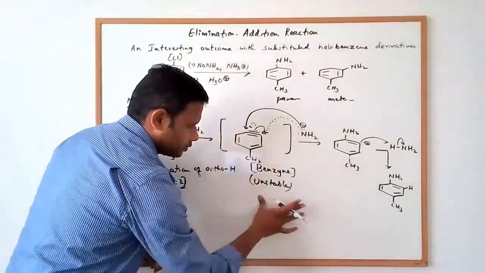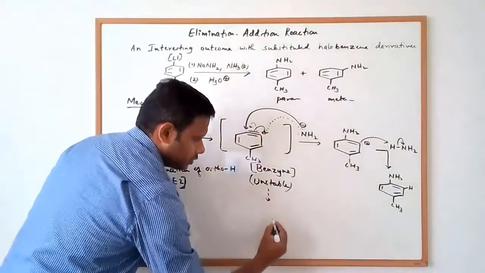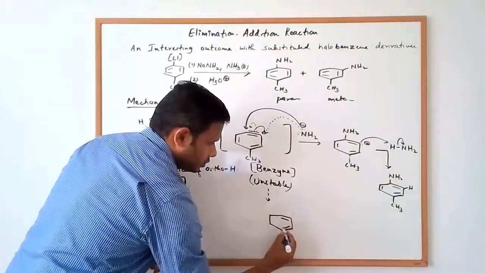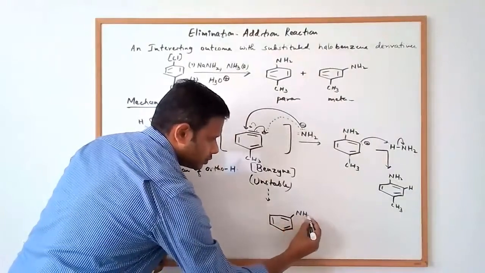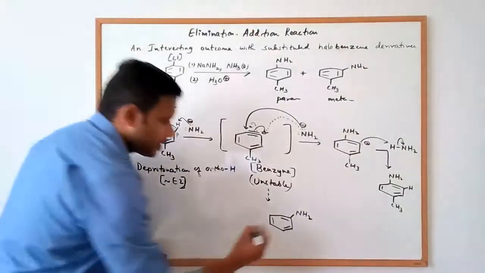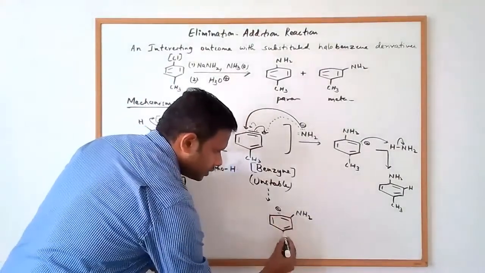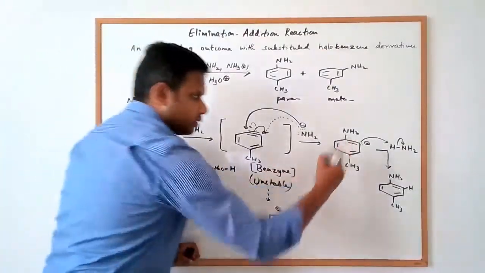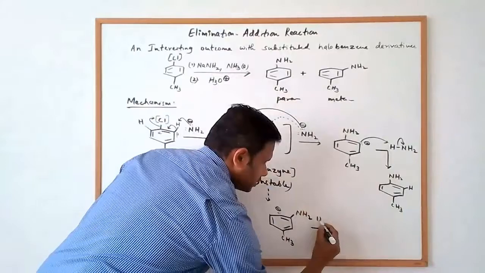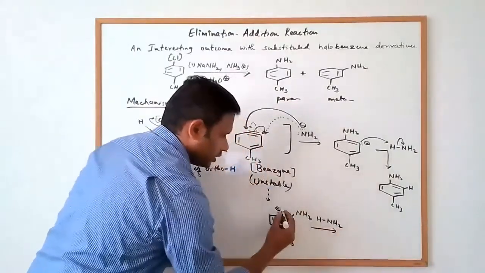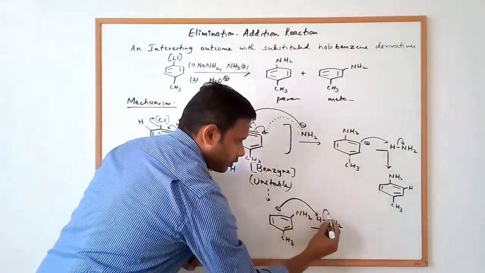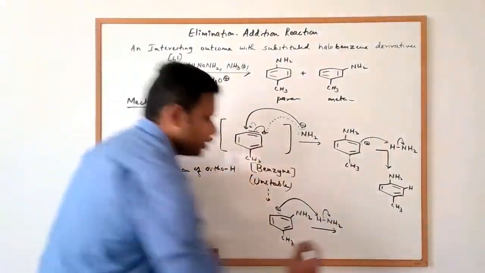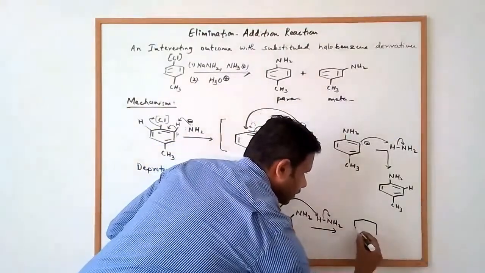So that's going to bring us to an intermediate where the NH2 is connected to the meta carbon, and the negative charge is now on that para carbon. And very similar to the para product, this intermediate can now get protonated by ammonia, or can abstract a proton from the solvent ammonia to give us the meta product.